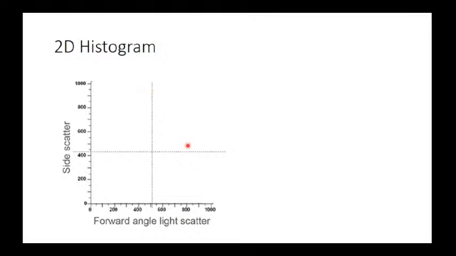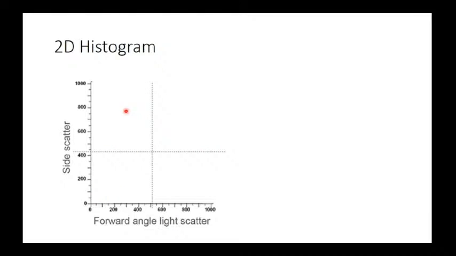If the cell appears in the upper half, it means that it gives high signal on the side scatter detectors, so the cell is complex. If the cell appears on the right half, it means that the cell gives high signal on the forward scatter, which means that the cell is big. And if the cell appears here, it means that the cell is small.